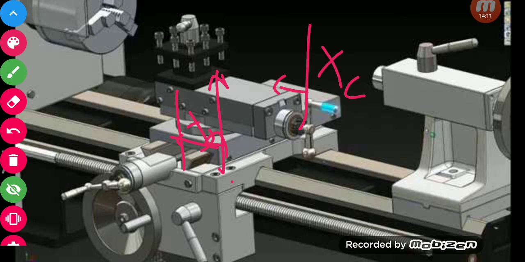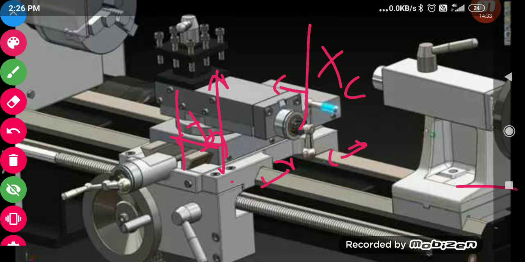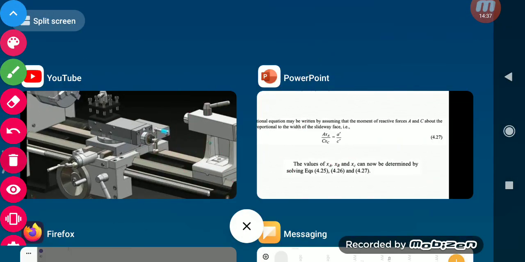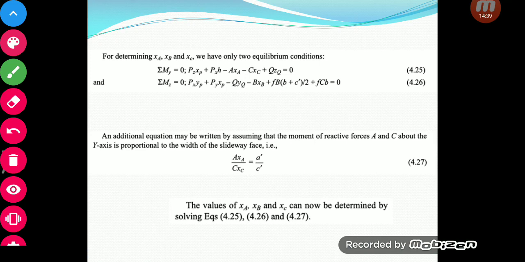So what you're saying is this is proportional to these widths. That seems to be pretty logical also. Many times it happens that Xa and Xc can be almost equal, and also the widths of the slideways are very many times similar. So this equation would yield a proper result. That should not be an issue.